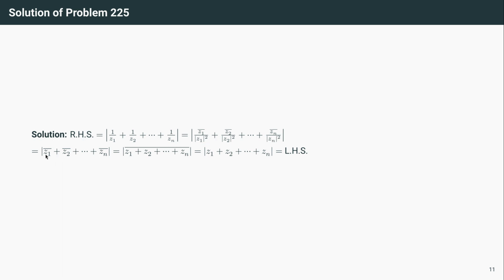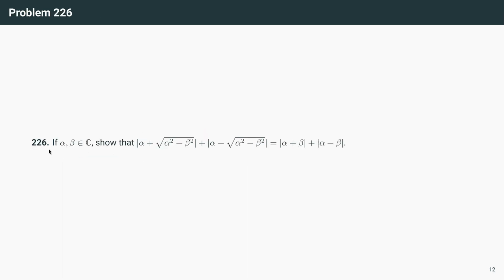So the right hand side becomes mod of z1 bar plus z2 bar plus zn bar. So we take the conjugate over the entire expression. We get mod of the conjugate of z1 plus z2 plus zn. That would be equal to the modulus of the complex conjugate, mod of z1 plus z2 up to zn. Thus we have left.